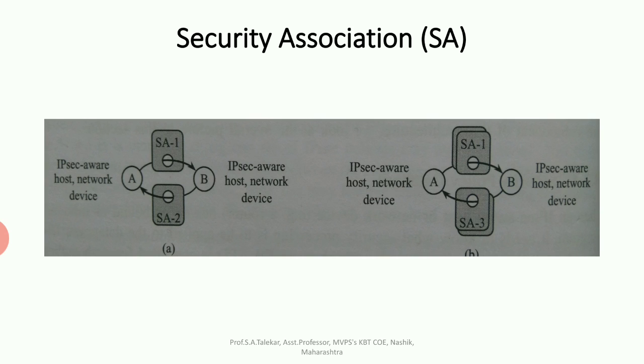Therefore, if two IPsec peers decide to use both protocols, four security associations are required for two-way communication between them.